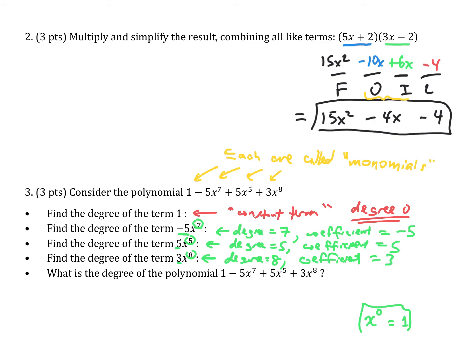So once we put it together into a polynomial, then we have all of these guys added together. Then we interpret degree as being the highest power that we see among all the terms.